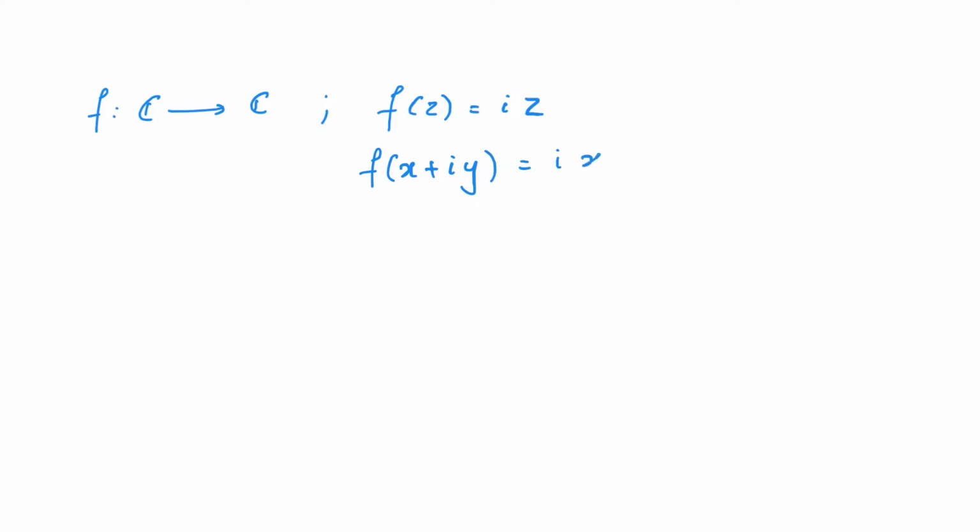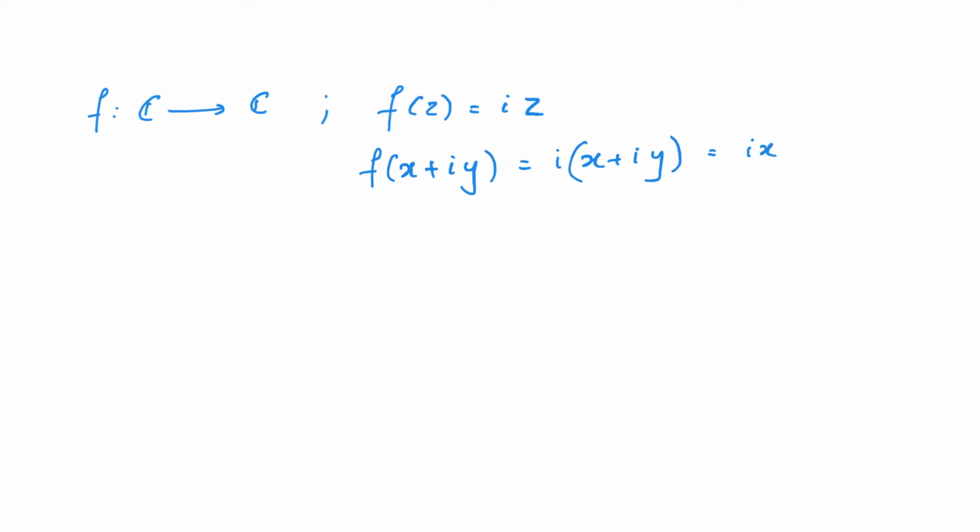The first step in this process is understanding the function f from C to C defined as f of z is equal to i times z. We will see what this function does. Notice we can rewrite this as f of x plus iy is equal to i times (x plus iy), which is equal to ix minus y.